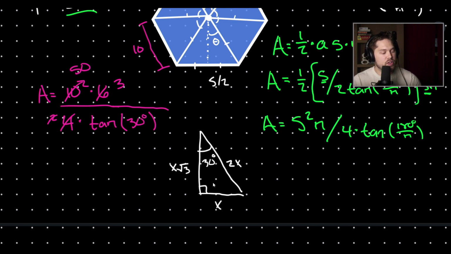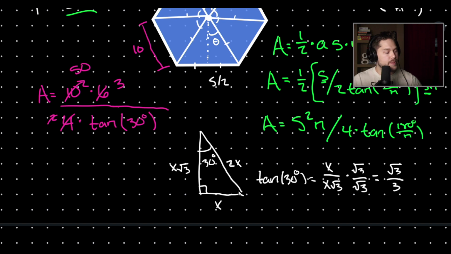We know the tangent is opposite over adjacent. So we know that tangent of 30 degrees is going to be equal to x over x root 3. Of course, we need to rationalize this, so we'll multiply by root 3. Our x's will cancel and we'll have root 3 over 3.